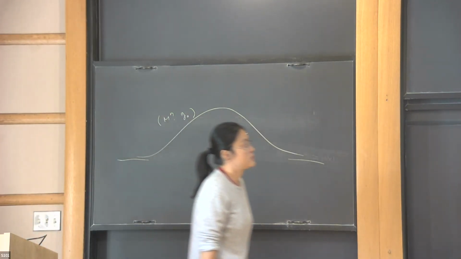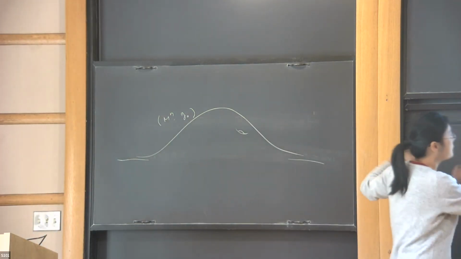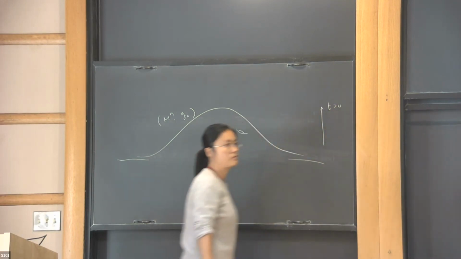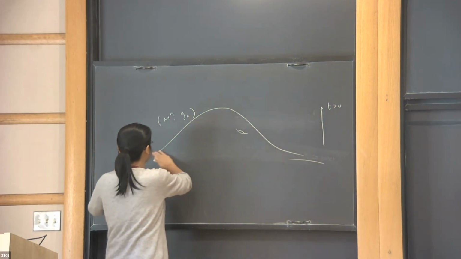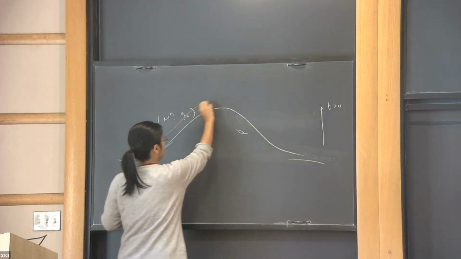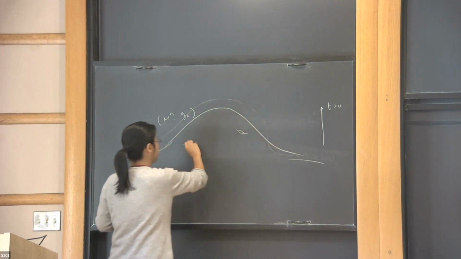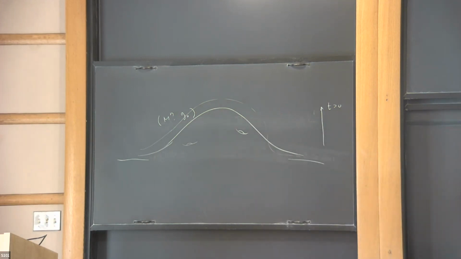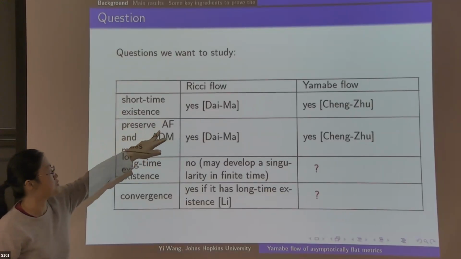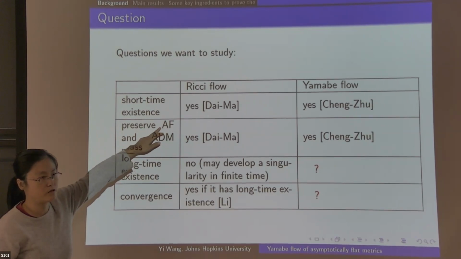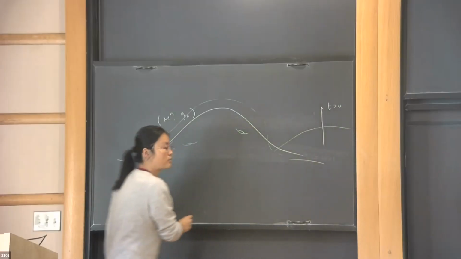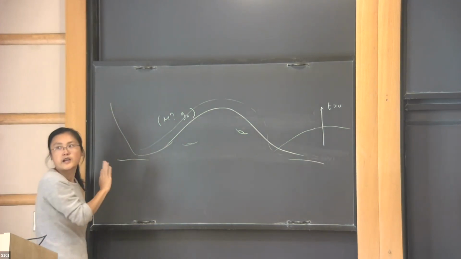The Ricci flow tells us that you run the flow, and as t becomes positive, your manifold will become a different shape, maybe like this. But first of all, it has short time existence, and also it preserves being asymptotically flat. It won't happen that suddenly it drops the asymptotically flat structure and becomes something like this, or goes to infinity.